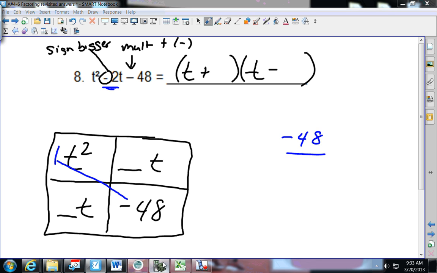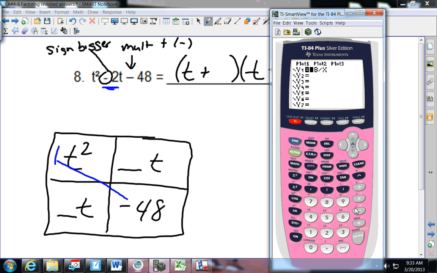So if I go in here, I have negative 48 divided by each factor, and I add them together. They need to be negative 2. I add these together, I get negative 47, negative 22, negative 13, negative 8.